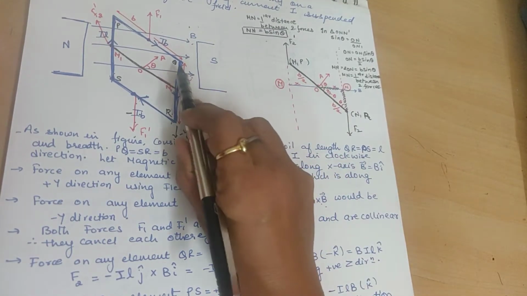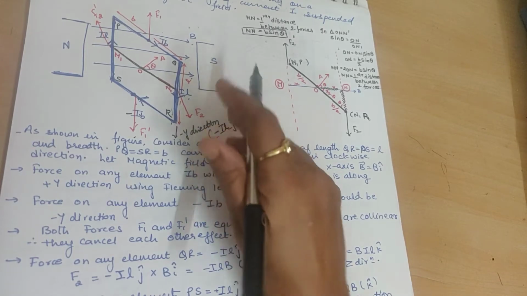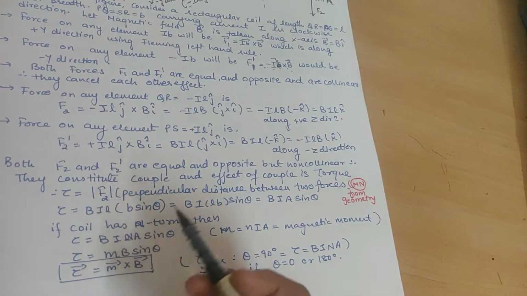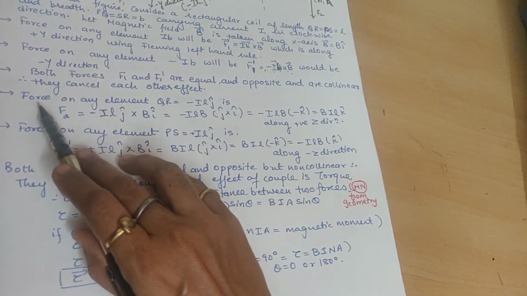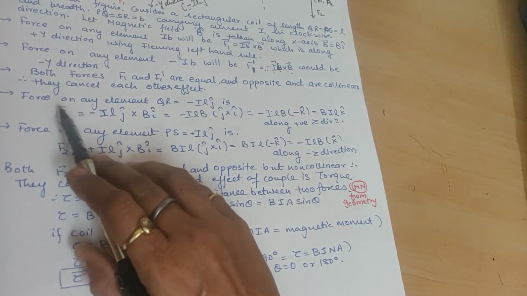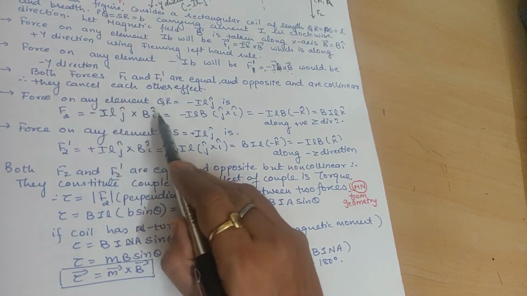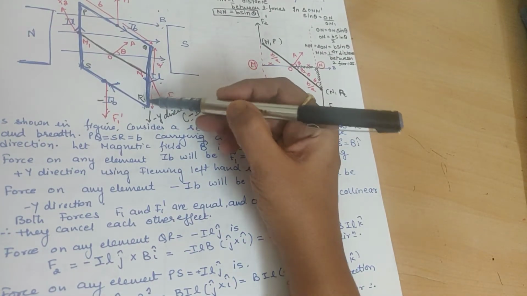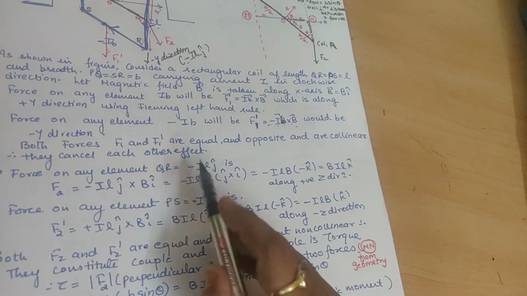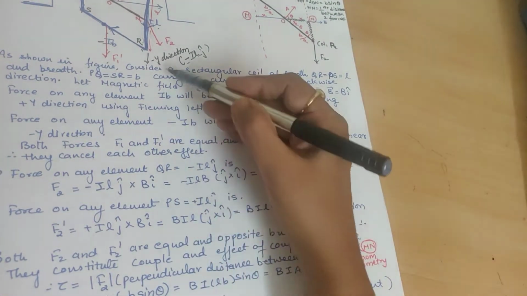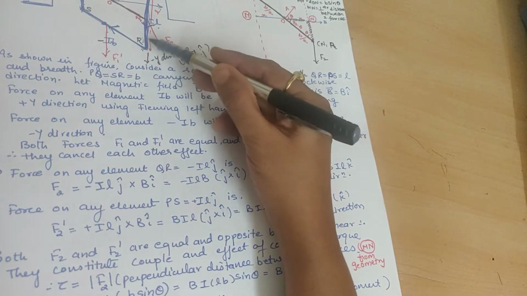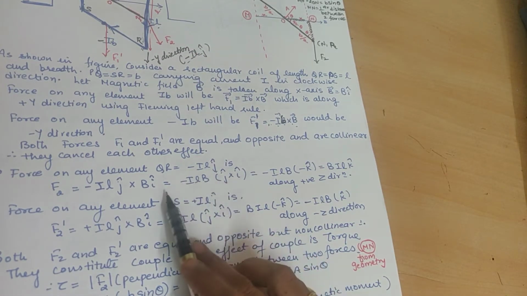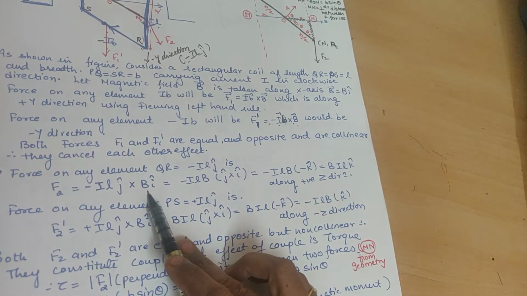And magnetic field is along which direction? X direction. So using the vector product, you can find out the directions using the cross product also. The force on any current element, that is QR, means this line, would be what? You can see that minus ILJ, because this is along negative y direction, minus ILJ cross BI, because magnetic field is along x axis.